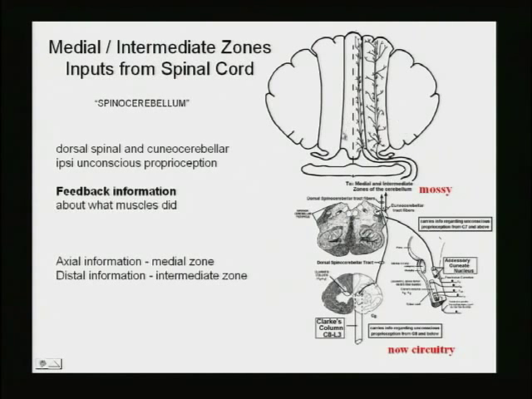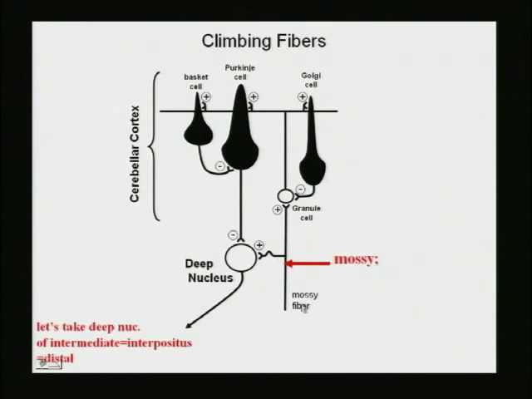Again, these are going to come in here and go through the circuitry, all right? So here again, this could be a dorsal spinal cerebellar fiber or a cuneo-cerebellar fiber. They're going to send a little twig to the deep nucleus. It's going to go up and go through the circuitry, come out the Purkinje cell. So let's take a look at the deep nucleus of the intermediate zone, which is the interpositus.